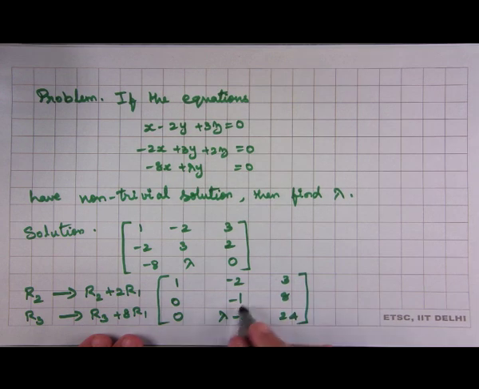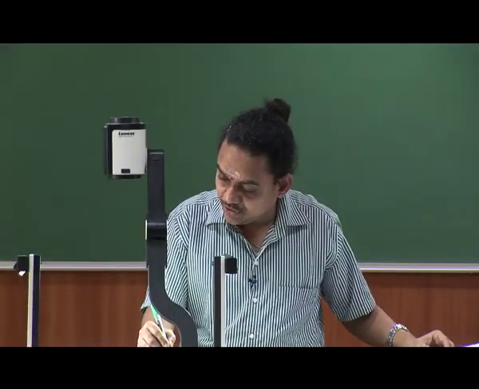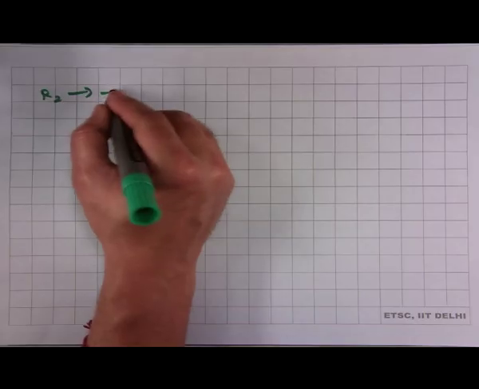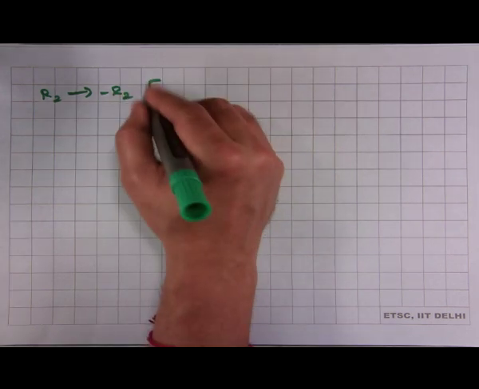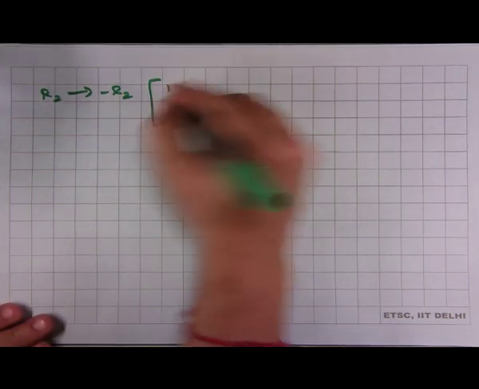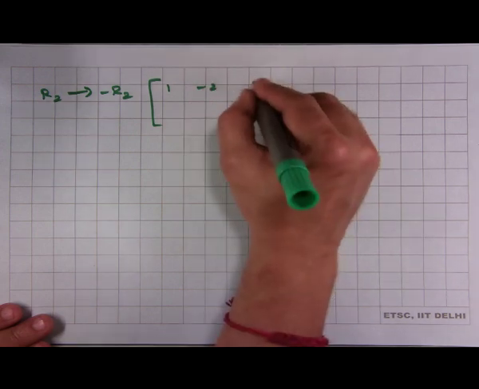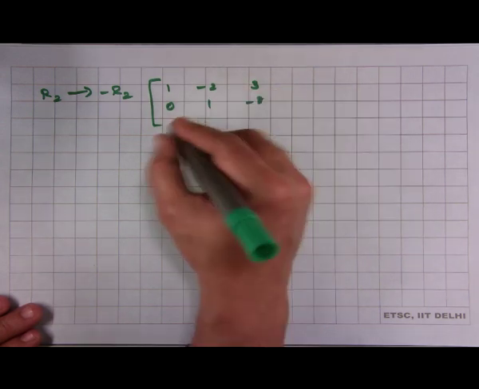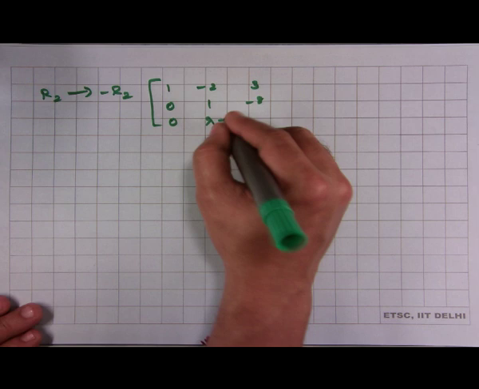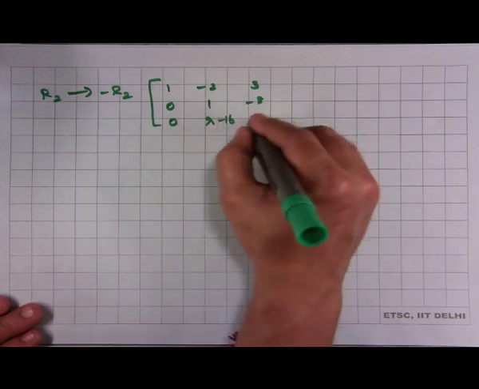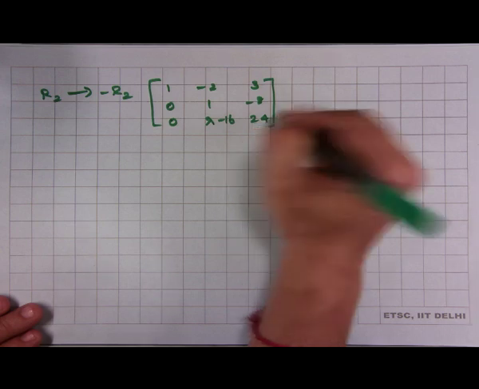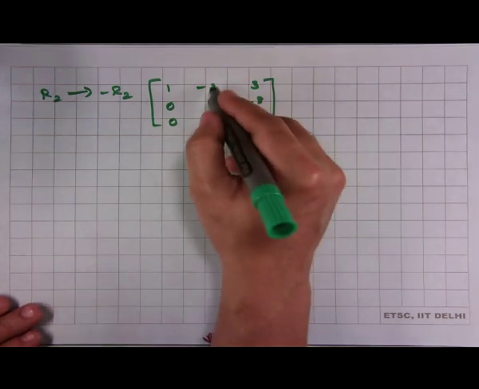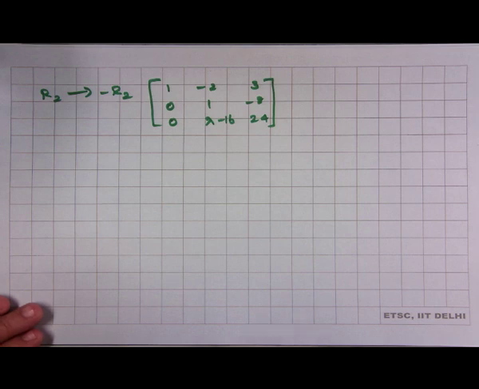Now, let us try to multiply this row by minus 1 to make this into 1. R 2 is replaced by minus of R 2. 1 minus 2 3, 0 1 minus 8, 0 lambda minus 16, 24. Let us try to convert these two elements into 0.